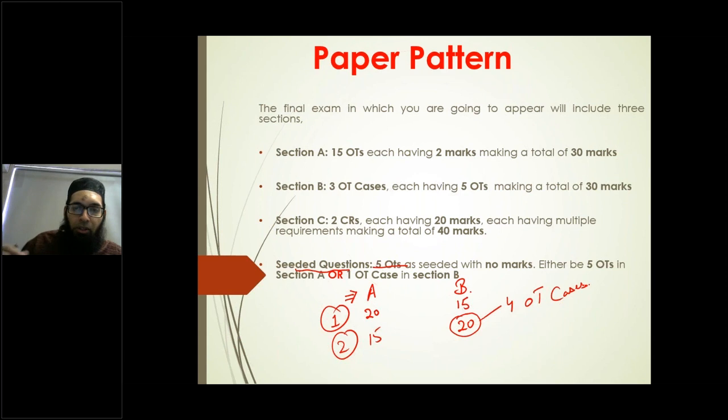Right? Now, one of the students has asked me what is the objective of including the seeded questions. First of all, the important thing for me to explain to you is that this is part of the exam and we have to deal with that. Whether we understand the logic for it or not, we have to deal with it. So let's prepare for that.